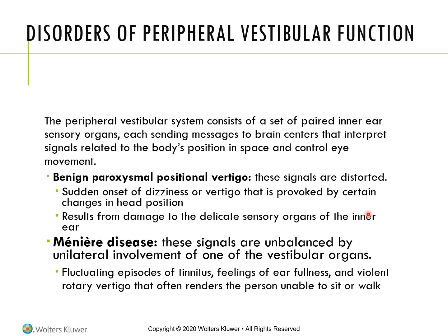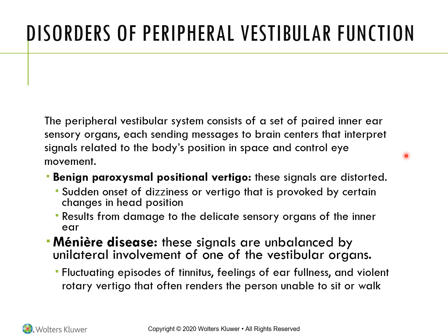So, disorders of peripheral vestibular function. The peripheral vestibular system consists of a set of paired inner ear sensory organs that send messages to the brain centers, and then the brain centers interpret those signals related to our body's position in space, as well as the control of movement of our eyes.